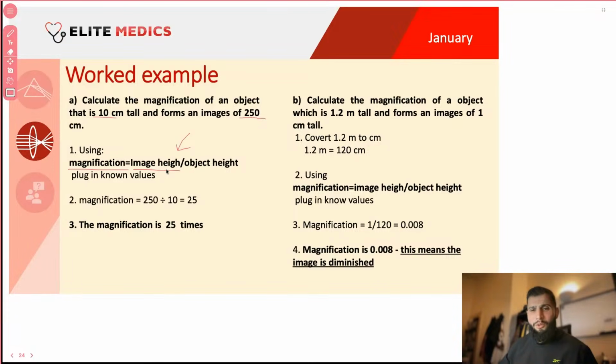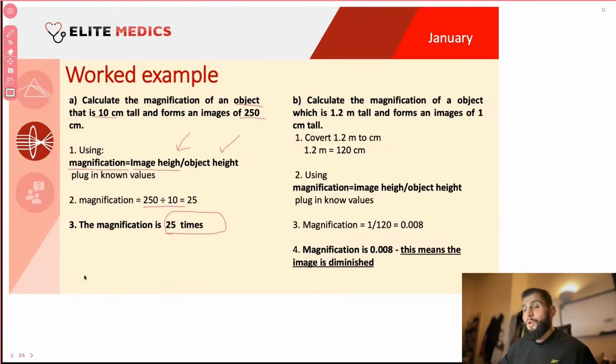Okay? That's how I remember it. Object is the true object in front of you. So the object is 10 centimeters. And then we have an image that it created based on this magnification. That's 250. So we take 250 divided by 10. That gives us a magnification of 25 times.